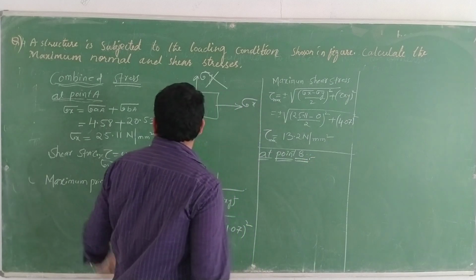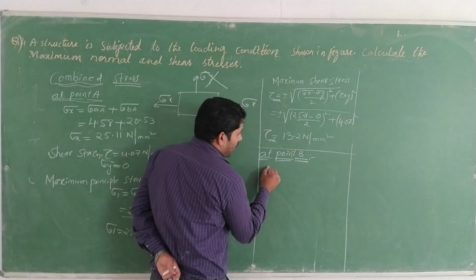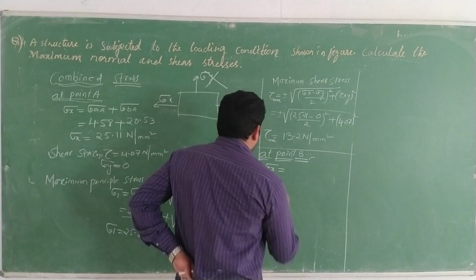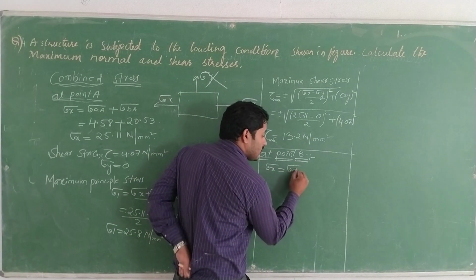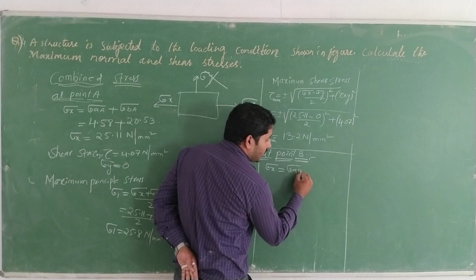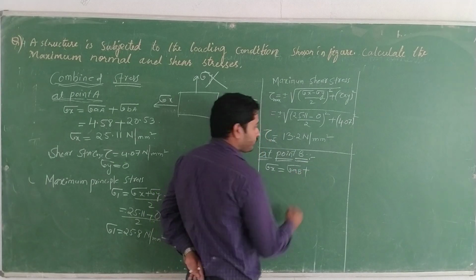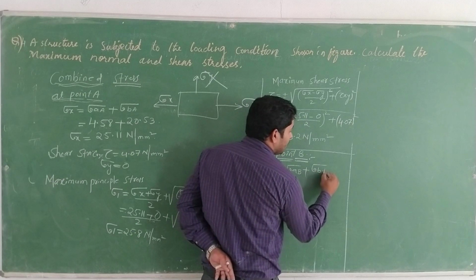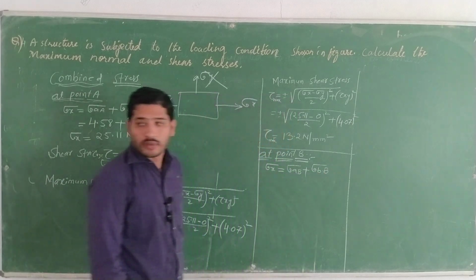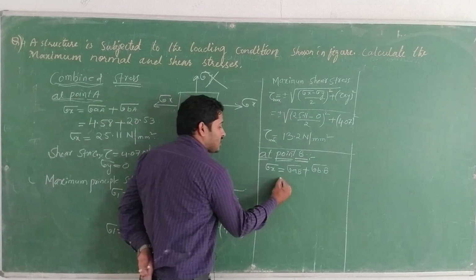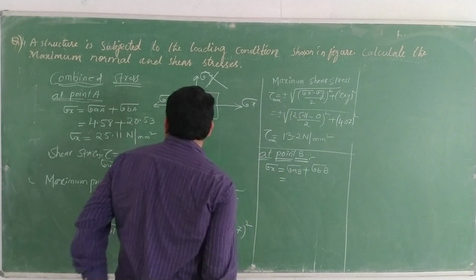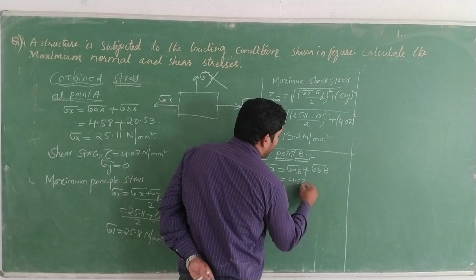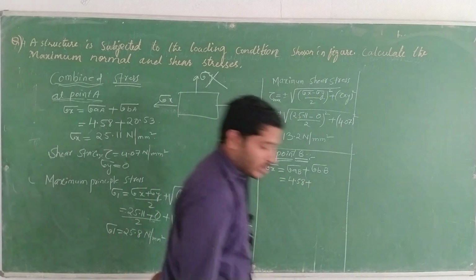Okay dear, if you want to find sigma x, it equals the axial stress acting at point B plus the bending stress acting at point B. The axial stress should be the same, 4.58, but the bending stress is different.